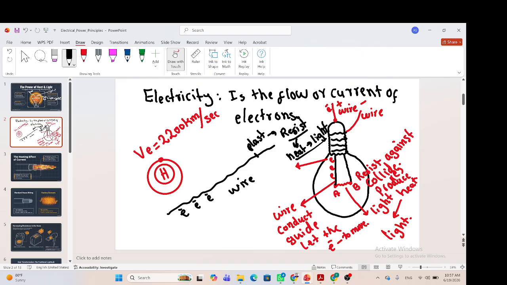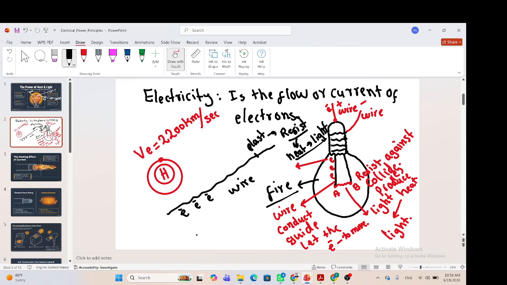But right now we do not use these types of lamp. We are using one type of lamp that has this metal inside, but why doesn't it produce fire?